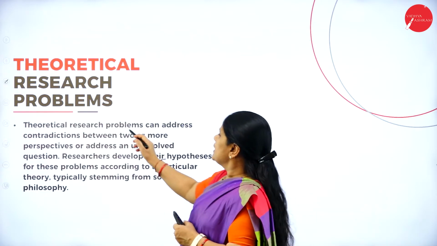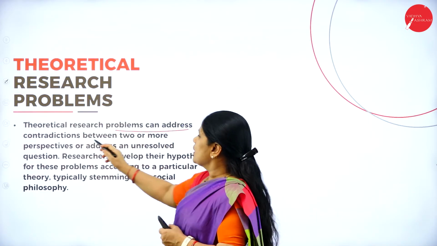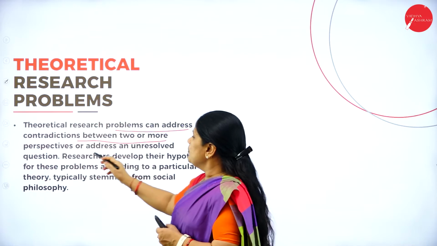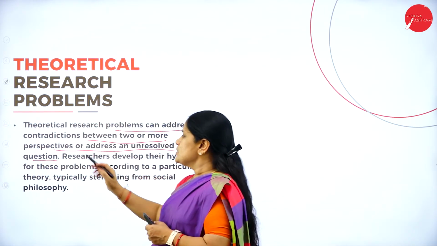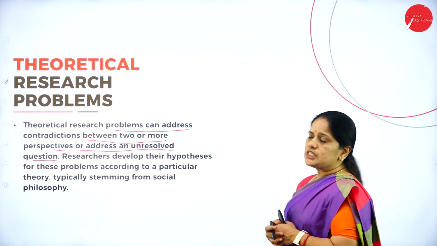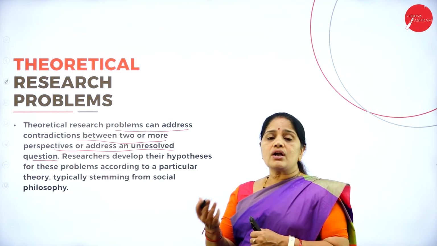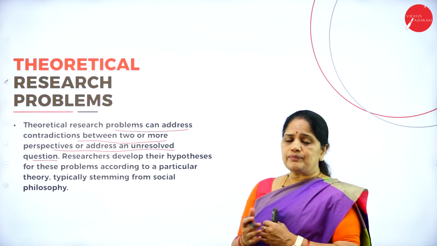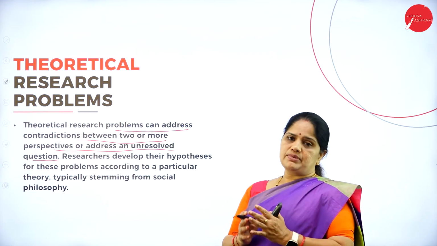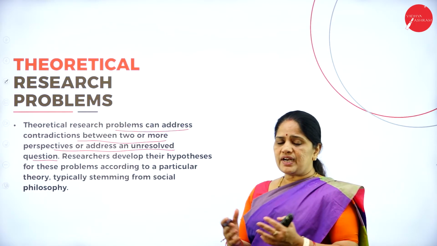Then theoretical research problems can address contradictions between two or more perspectives or address an unresolved question. Whether it is on a particular subject, there will be views of different people.